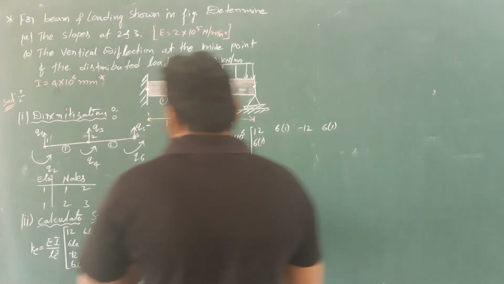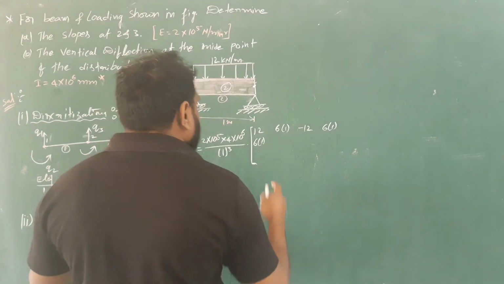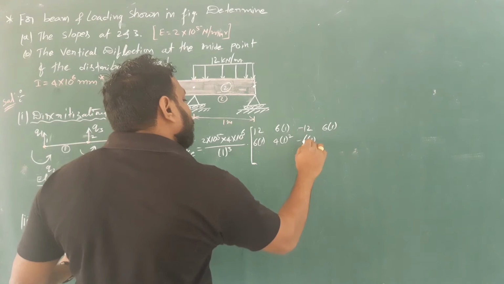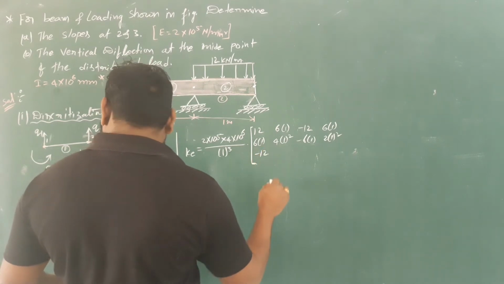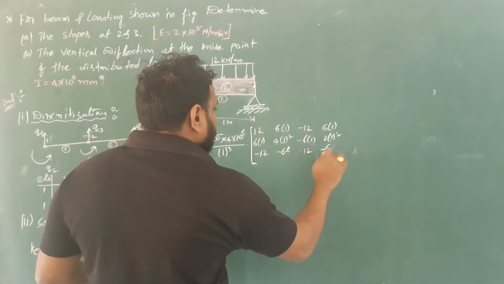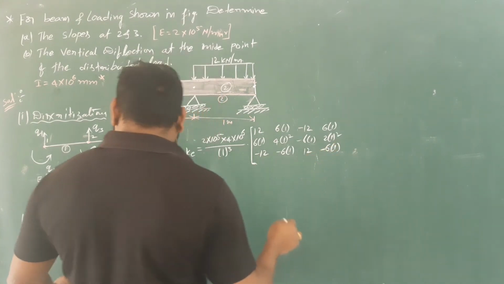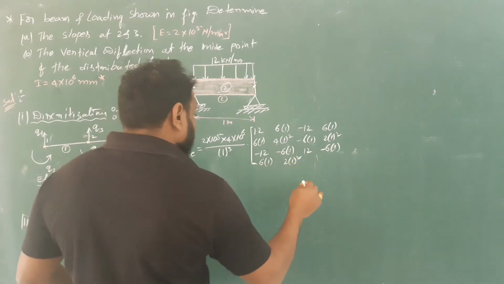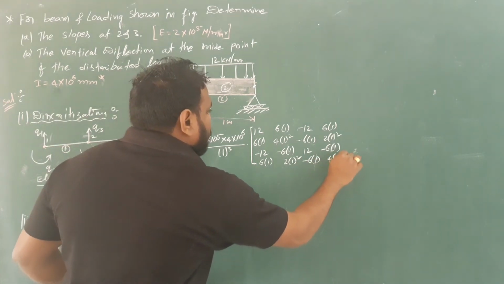Here also minus 6 into 1, 2 into 1 squared, and 4 into 1 squared.